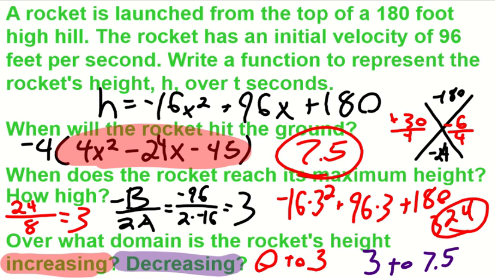Y'all follow how those domains work for increasing or decreasing, ascending, descending? If it wasn't a throwing problem kind of thing, you'd go negative infinity to 3. Since time matters, we go 0 to 3, and then it's 3 till ground. Okay? Any questions? A little more complicated than the stuff we've been doing, right?